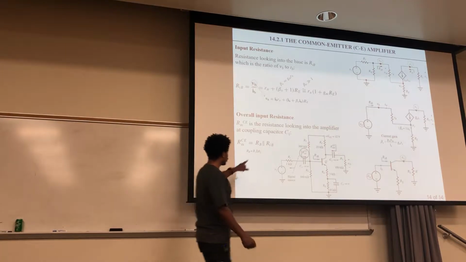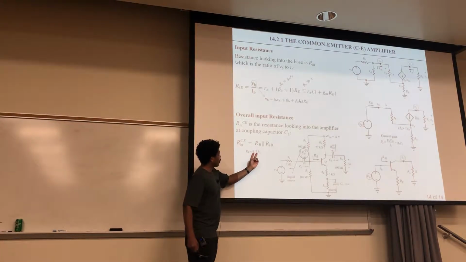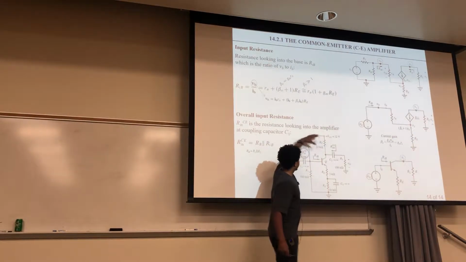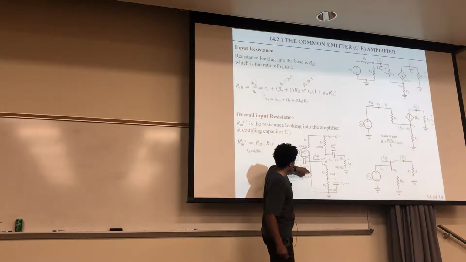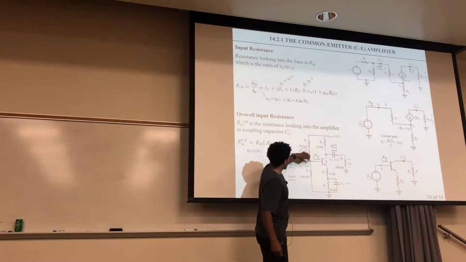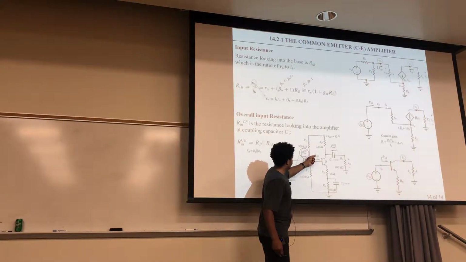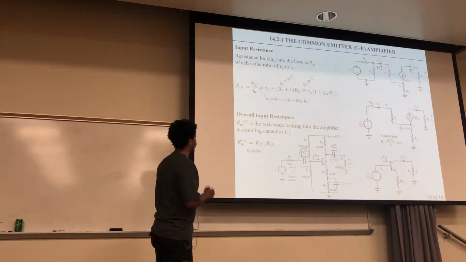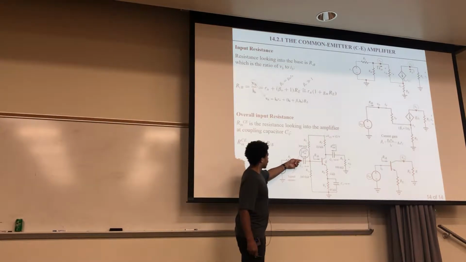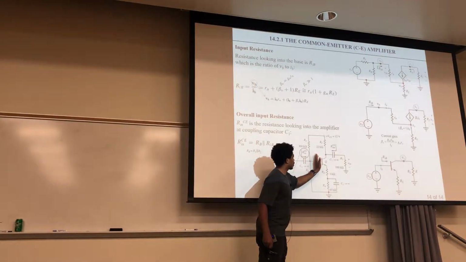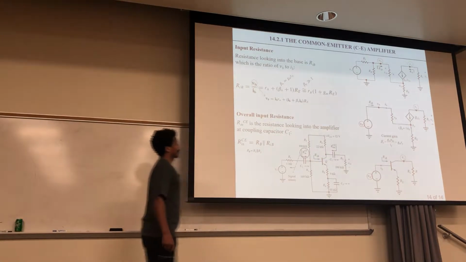Remember, RB were these two in parallel, the R1 and R2, because that went to ground, so this R2 is in parallel with R1. From this point on, you have this RIB looking in that direction, which we just figured out. So from outside looking in, it looks like these two, which are in parallel to each other, in parallel with this RIB going to ground. Okay.